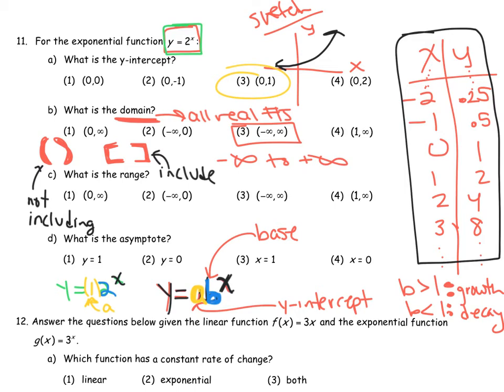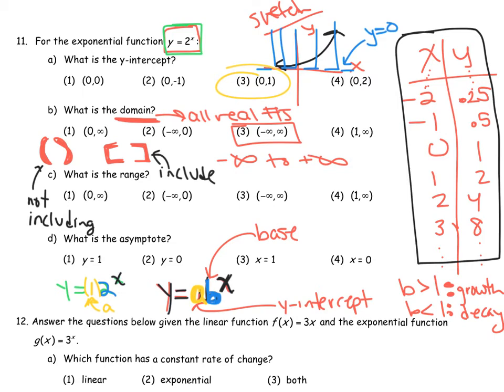Okay, range. So now we have to take a look at the range. If we look at our graph here, look at all those y values. All of our y values are positive. We can't cross over the x-axis because of the asymptote at y equals 0. All of the y values are above the x-axis.